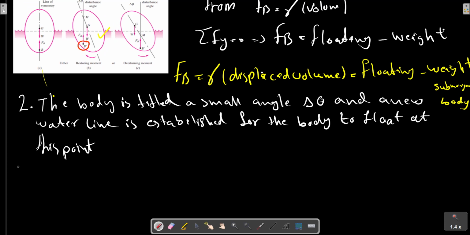And for stability, if point M is above G, a restoring moment is present and the original position is stable. This picture is stable.